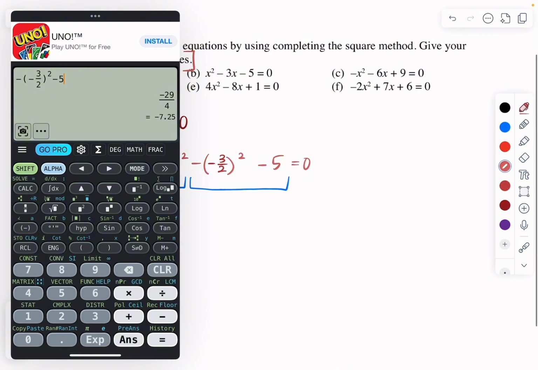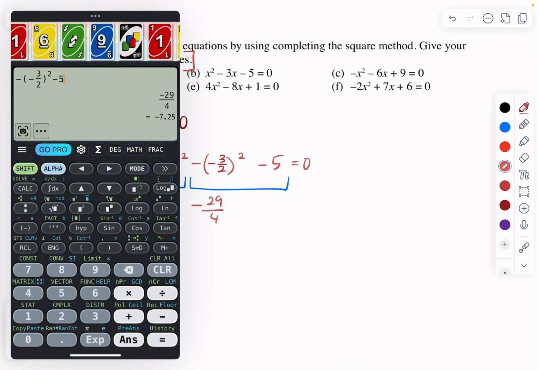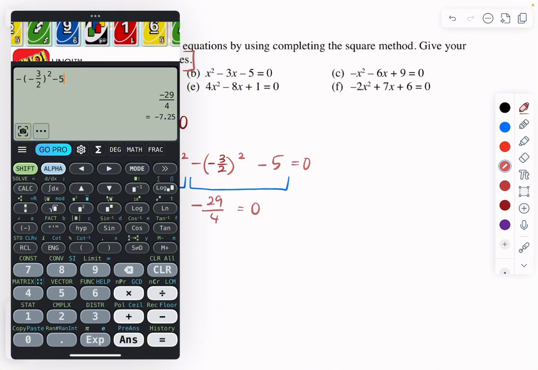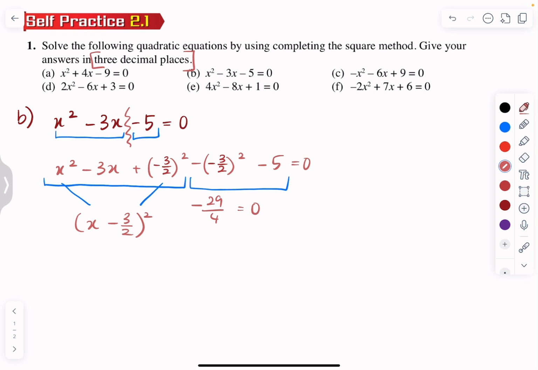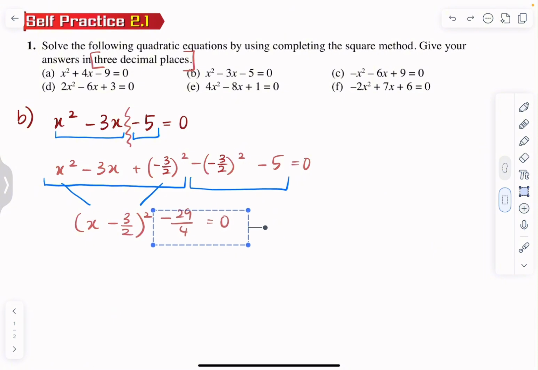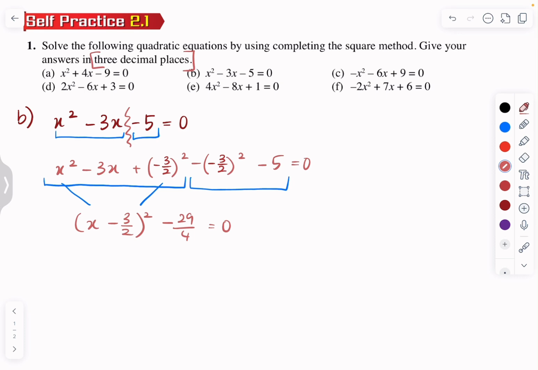So here we get negative 29 over 4. Negative 29 over 4 equals 0. Okay, so this is our completing the square. From here, you want to make x the subject. So x minus 3 over 2 square is positive 29 over 4.